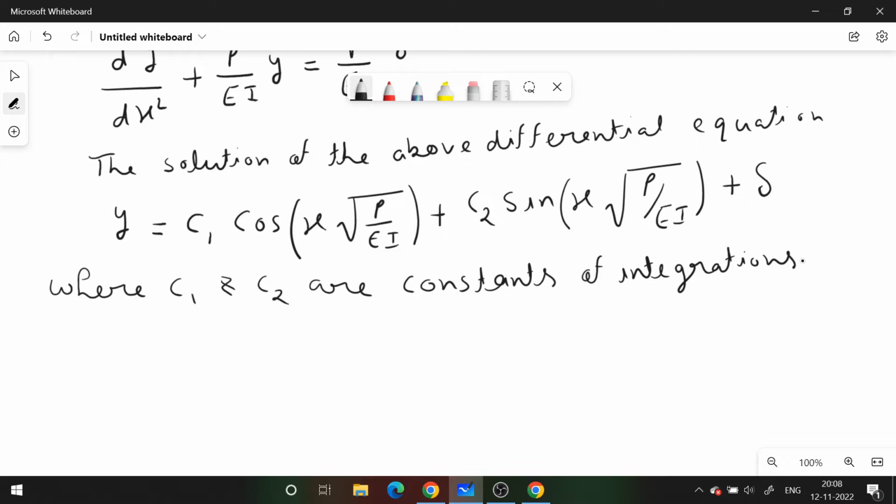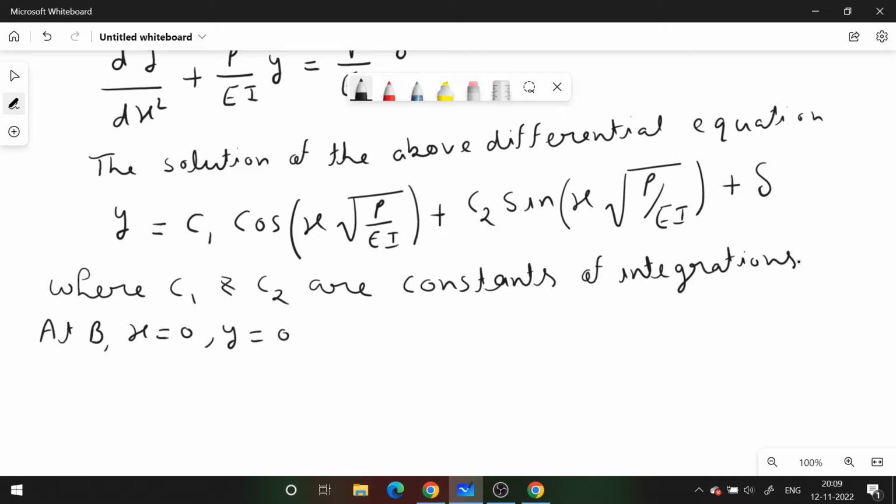Now, applying the end conditions for determining the values of these constants: at point B, x is equal to 0, deflection is equal to 0.